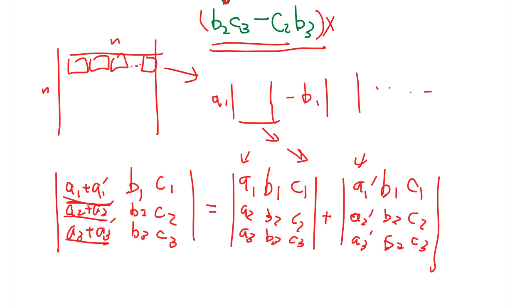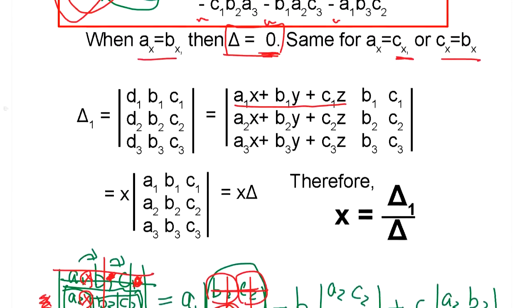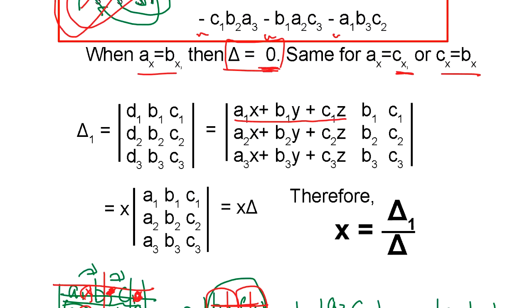So using that, going back to this one, this is going to break into this part and this part. Remember, this will be the same because y can come out of the determinant, then it's going to be 0. In this part, two columns are the same, so after z comes out, it's going to be 0.